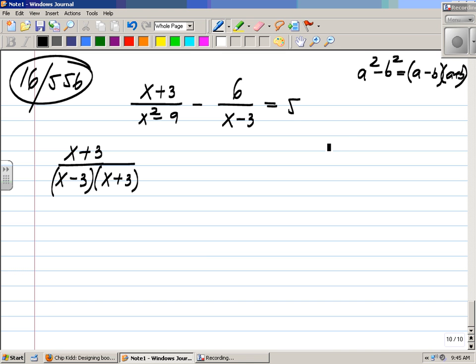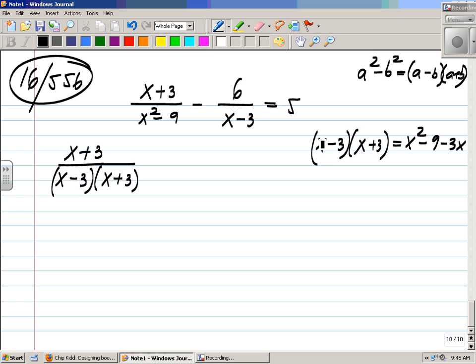Well, if you don't believe me, let's do x minus 3 times x plus 3. Let's do the FOIL, right? First terms, x times x, x squared. Other terms, minus 3 times positive 3 will be minus 9. Inner terms, negative 3 times x will be minus 3x. Oh, hold on, I changed something here.